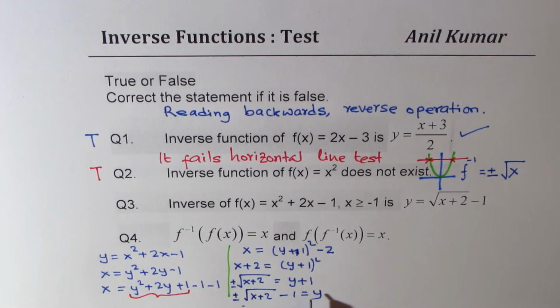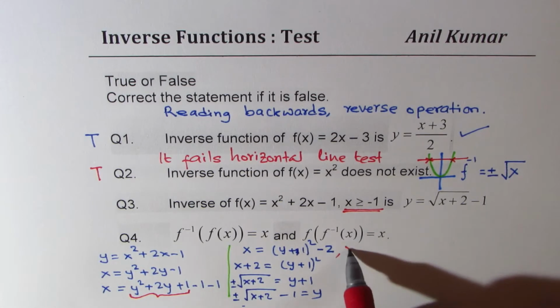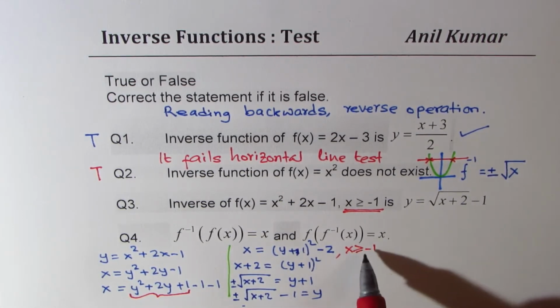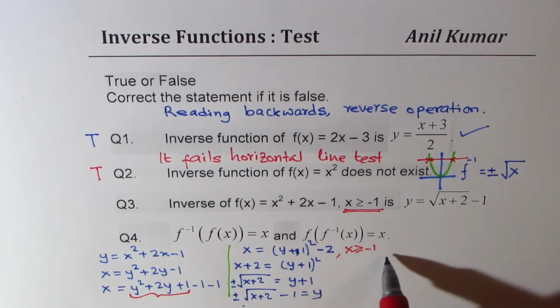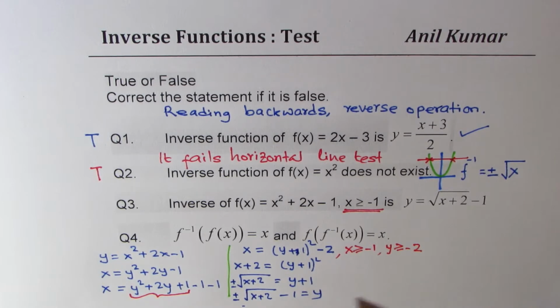Now it is kind of important to understand that in the parabola, which is right here, we are given x is greater than or equal to minus 1. So x is greater than or equal to minus 1, and in that case y is greater than or equal to minus 2.